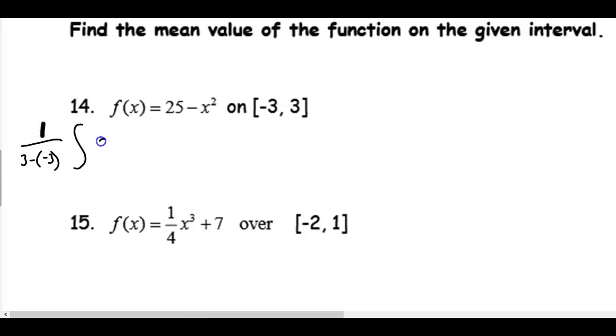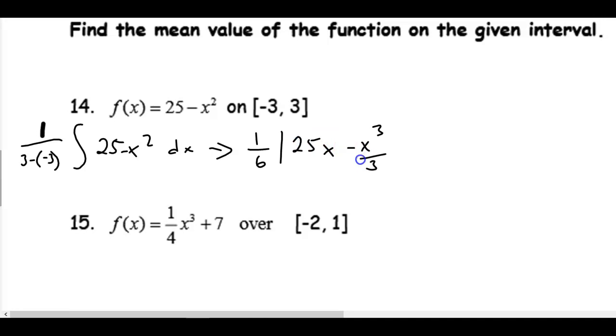And then we're going to integrate this 25 minus x squared dx. So that's going to give us 1 over 6, because that's plus, so 3 plus 3 is 6, times this is going to give us 25x minus x cubed over 3. And we're going to evaluate that from negative 3 to 3.